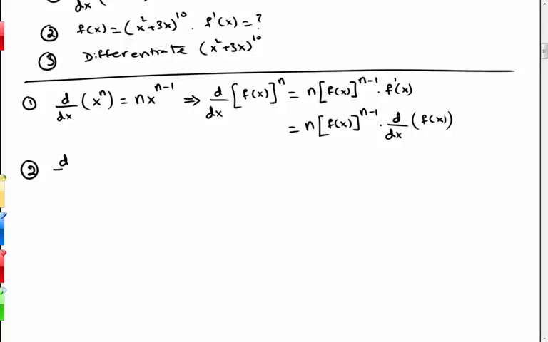What else do we know? The basic derivatives. We also know d/dx of e^x, for example, is e^x. Now the question is, what if I don't have a simple x? Instead, I have e^(f(x)).